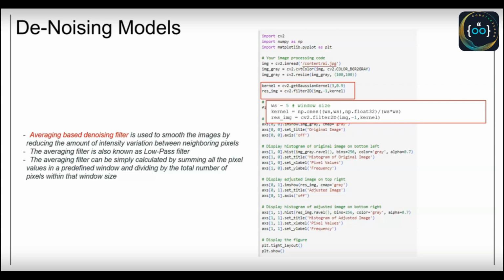When this kernel is applied to an image, it effectively calculates the average of every 5 by 5 block of pixels. The next line applies the averaging filter to the image. The filter operation effectively replaces every pixel in the image with the average value of its 5 by 5 neighborhood based on the kernel, thereby smoothing the image.